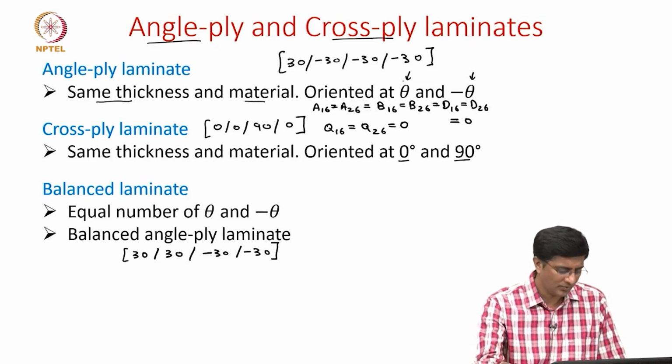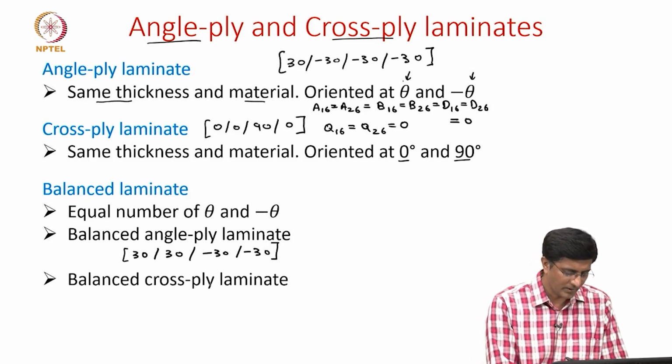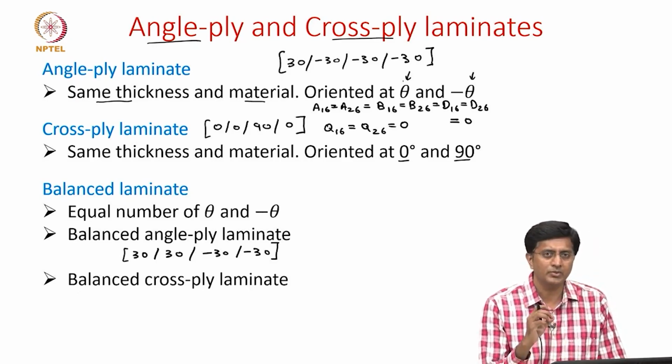The same definition we can also apply for cross-ply laminates, where cross-ply means it should have only 0 and 90 layers, and balanced means it should have an equal number of 0 oriented layers and 90 oriented layers.